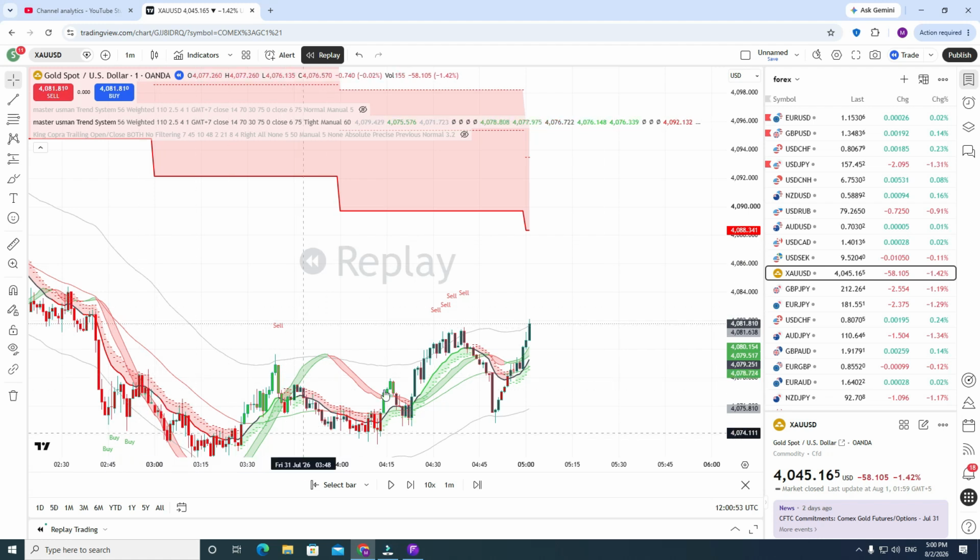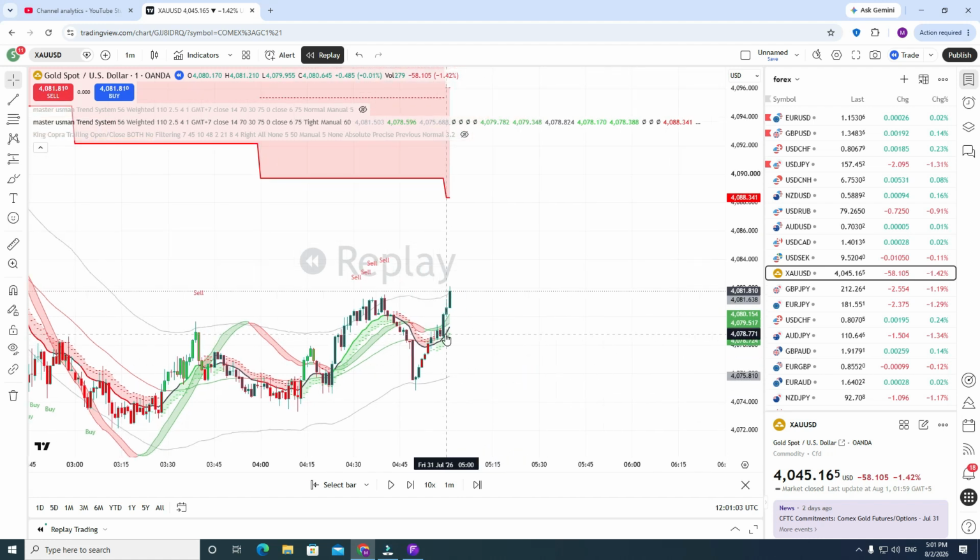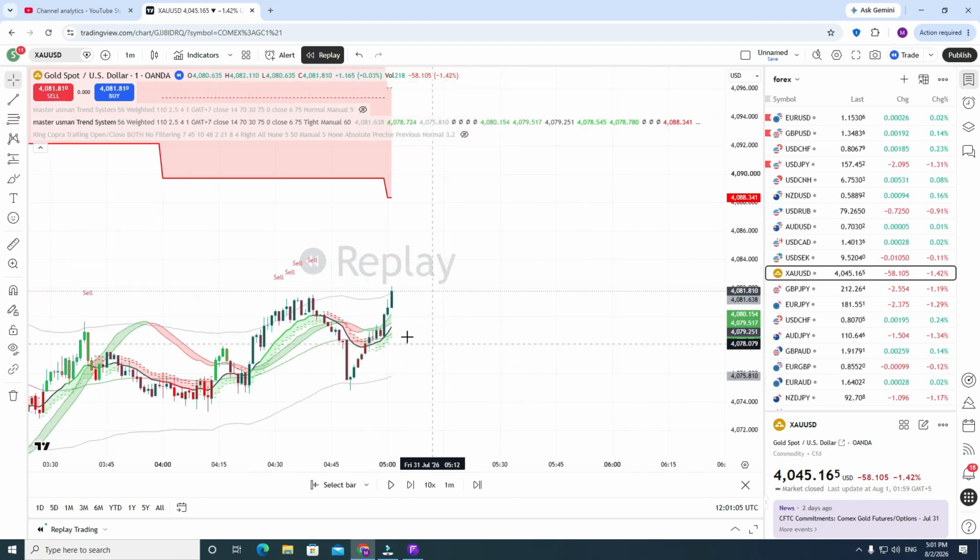If you follow this strategy I will show you, you will get accuracy of around 90%, 95%, 100% maybe. So with this strategy, make sure the candle touches the upper band line.